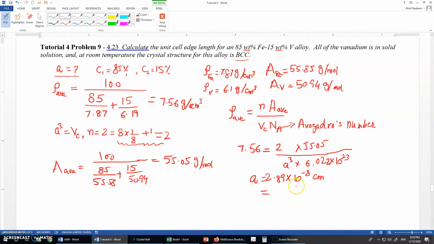Then we can multiply it by 10 to the power 7 to convert it into nanometers, so it will be 0.289 nanometer. So this is the unit cell edge length for this question.